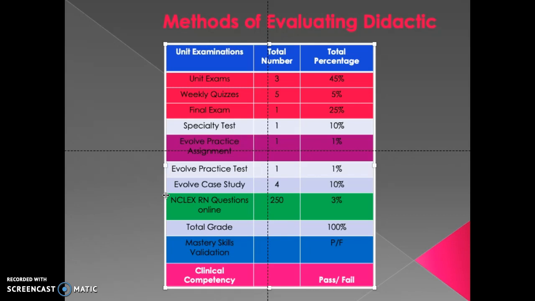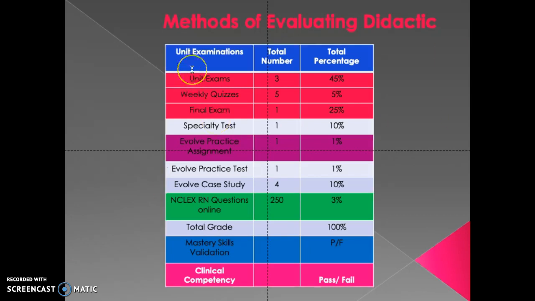So it's important that you understand that you must earn a 78% on the objective grade in order for these to count into your grade. The mastery skill validation is either a pass or fail.